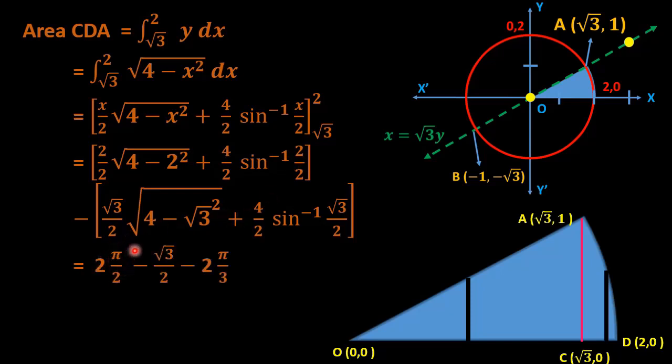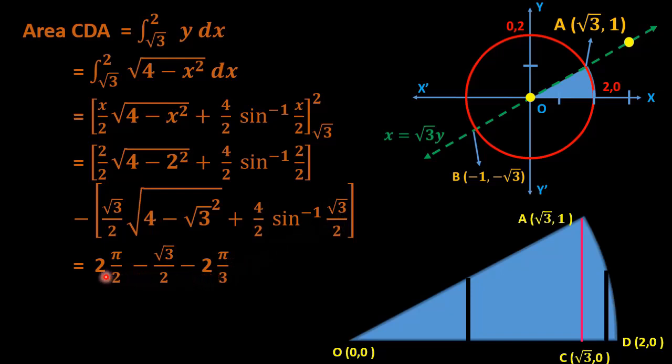Then the minus sign. And here 4 minus root 3 whole square is 3 only, so 4 minus 3 is 1. So it will be root 3 by 2. Then plus into minus gives minus. And here 4 by 2 is 2, and sine inverse of root 3 by 2. Root 3 by 2 is sine 60 degrees, so sine and sine inverse get cancelled, and we get 60 degrees. 60 degrees in terms of pi is pi by 3.